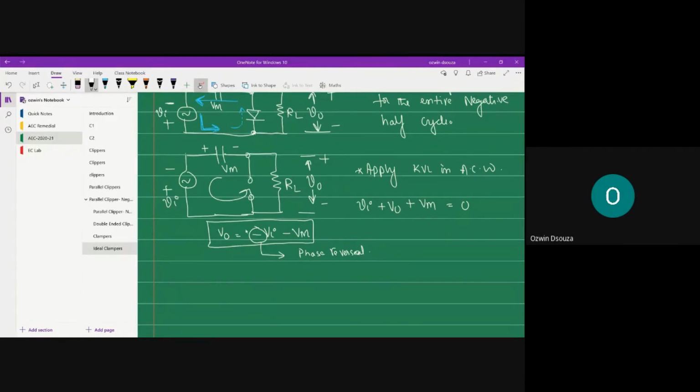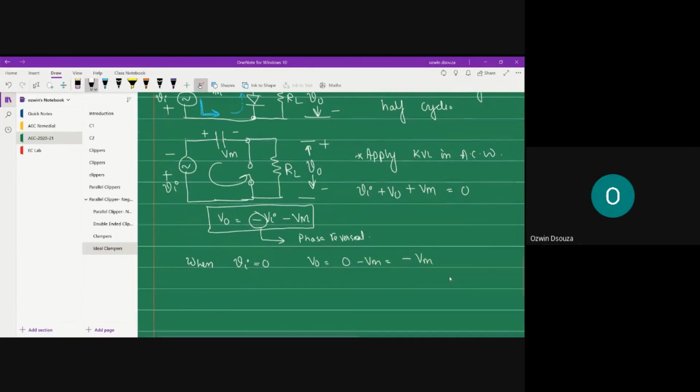Now let us see what happens to the output during the negative half cycle. When Vi is 0, V0 becomes 0 minus Vm, that is minus Vm. On the other hand, when Vi becomes Vm in the negative direction, the negative peak, your output becomes minus Vm minus Vm, that is equal to minus 2 Vm.